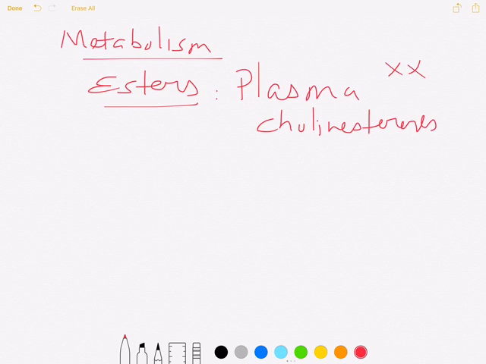Does it ring a bell? Plasma cholinesterase. It's the same enzyme that metabolizes what? Succinylcholine. So one of the metabolites of ester metabolism is PABA. PABA is para-aminobenzoic acid, and it can cause allergic reactions.